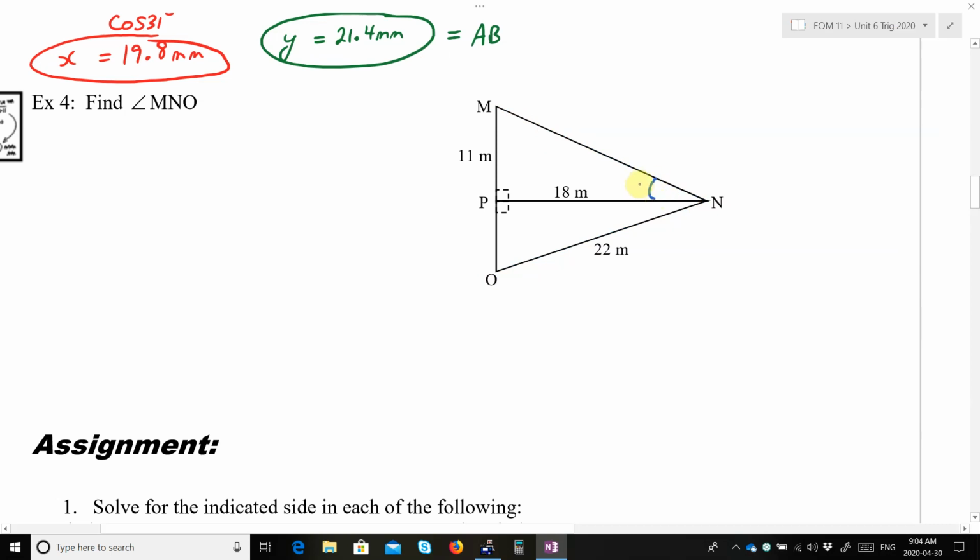So we need to find this angle, let's call it alpha, and we need to find this angle, let's call it beta, and then we'll add alpha and beta together. So in the first 90-degree triangle, see how we've got 90 right here, alpha is there, so the 11 is the opposite side, across from the 90 is the hypotenuse, and so this side is adjacent.